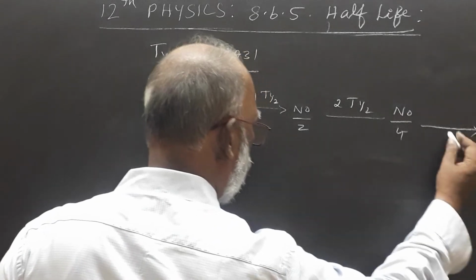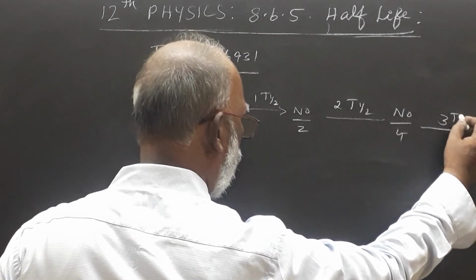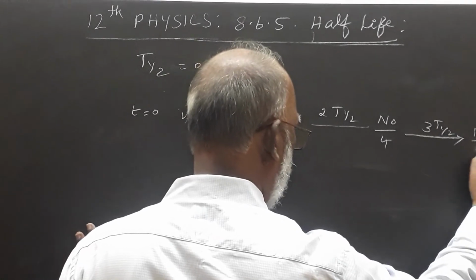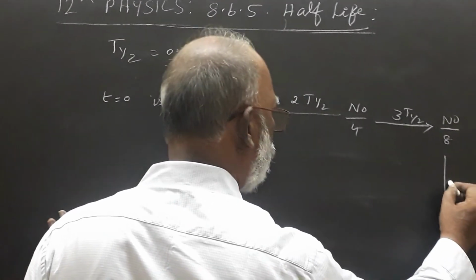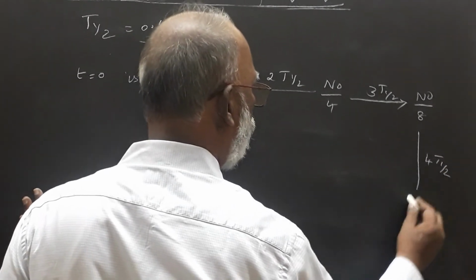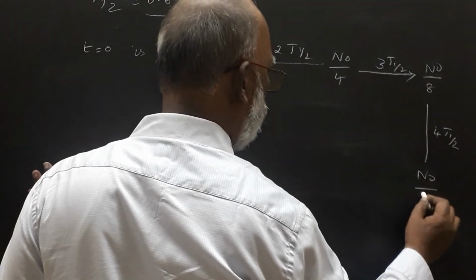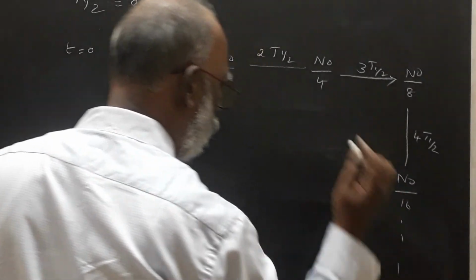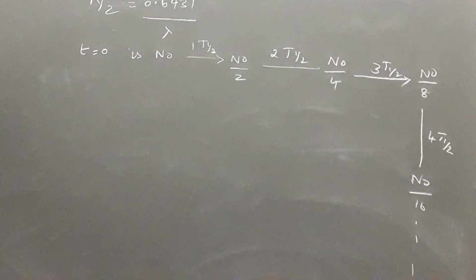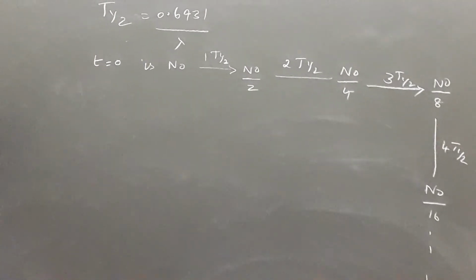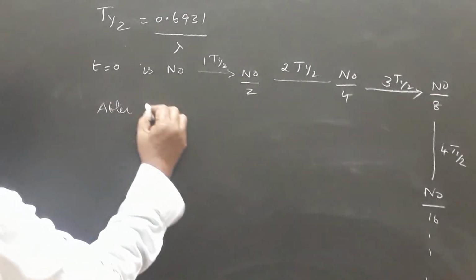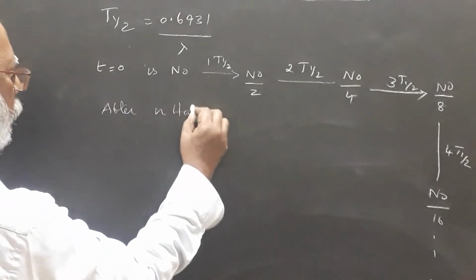In the third t of, it is reduced to N naught by 8. In the fourth t of, it is reduced to N naught by 16, and so on. This is a very important equation. Then we can write after n half-life periods, n of life.